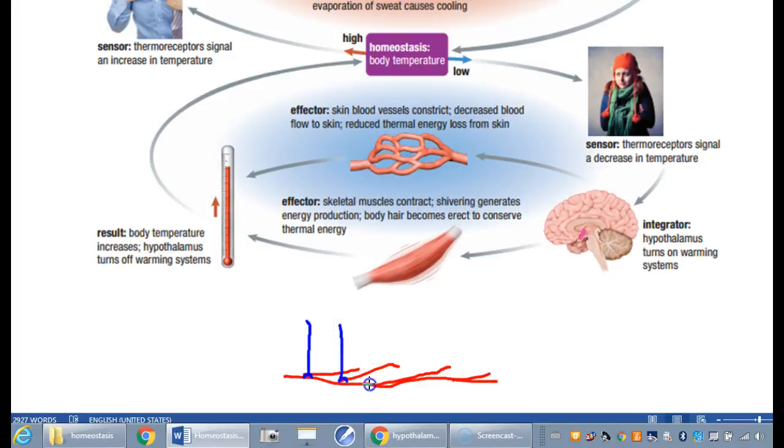What that is aiming to do, although how effective it is is another issue, is to produce sort of an insulative layer between the air up over here and your skin, because air is actually a pretty good insulator. As a result, it's supposed to help prevent that cooler air from affecting your core body temperature.